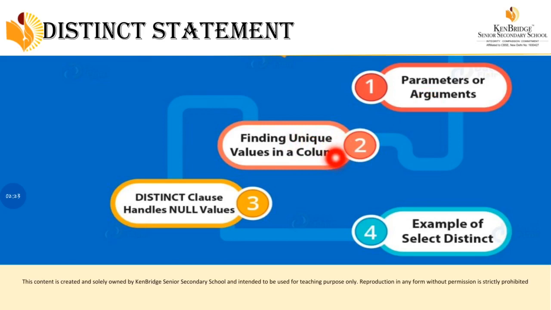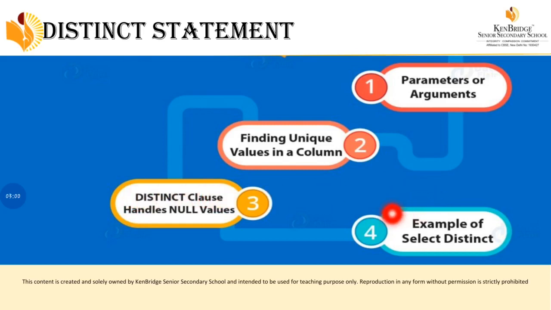Unique values in the sense they will not be repeated. It has to be a different one, it is not the same. And this distinct clause handles null values. In future we will see what null value means, as we are going to see a separate video for this topic. Here you just learn that the distinct clause handles null values too.